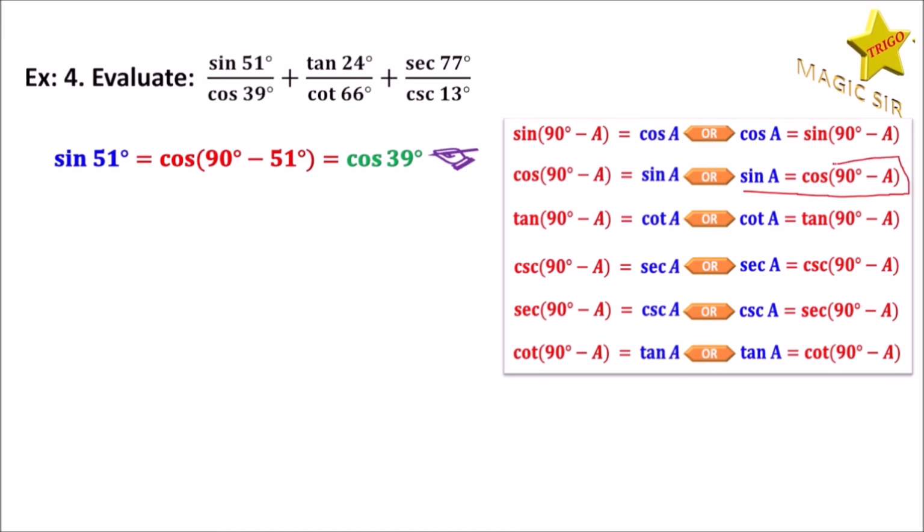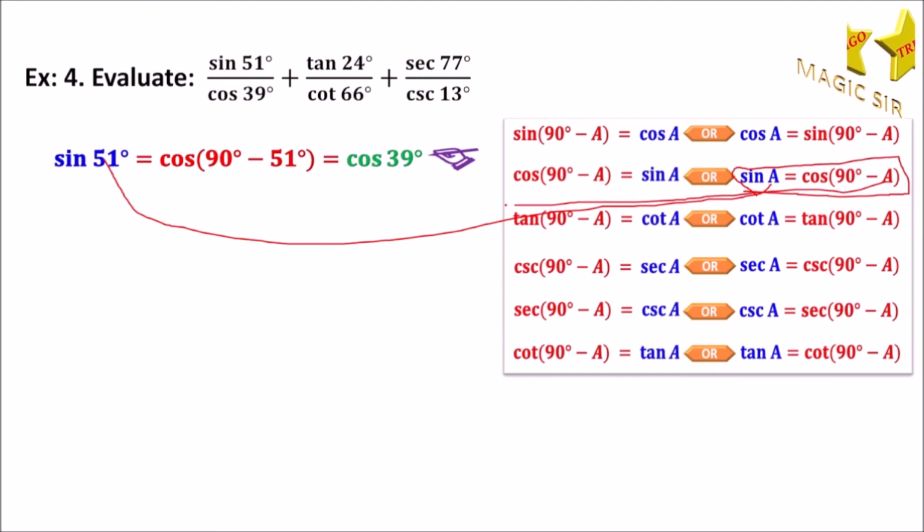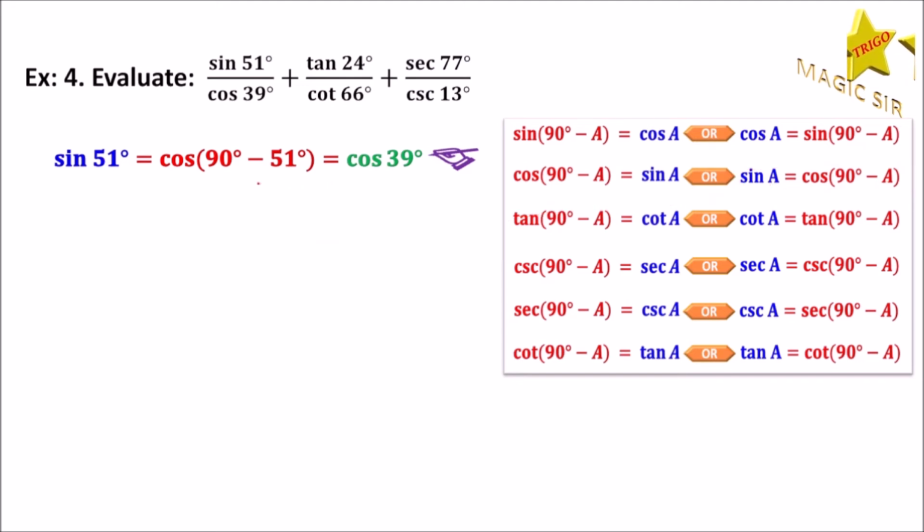See the formula, sin A is equal to cos 90 degrees minus A. We take A is equal to 51 degrees. So sin 51 degrees is equal to cos 90 degrees minus 51 degrees is equal to cos 39 degrees, because 90 degrees minus 51 degrees is equal to 39 degrees.